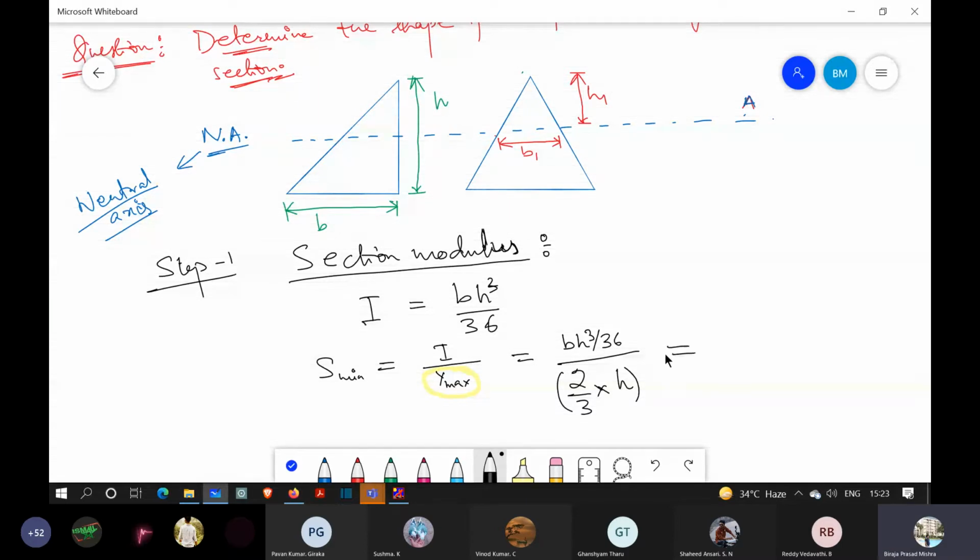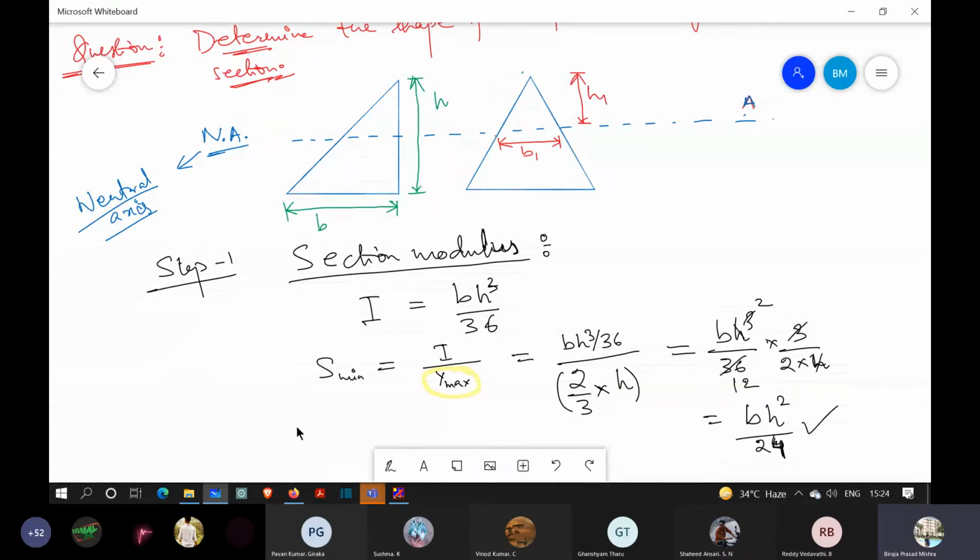It is BH cube by 36, into 3 by 2 into H. This 3 and 2 get cancelled, and this H and this H also get cancelled. So BH square divided by 24. This is the section modulus.